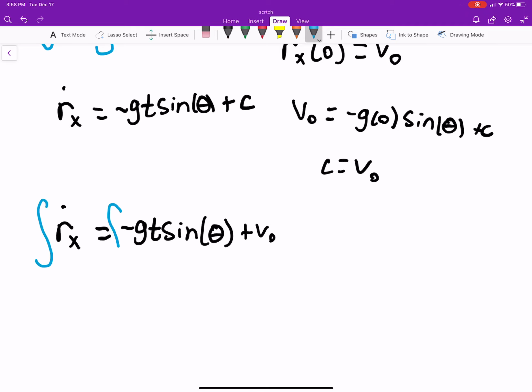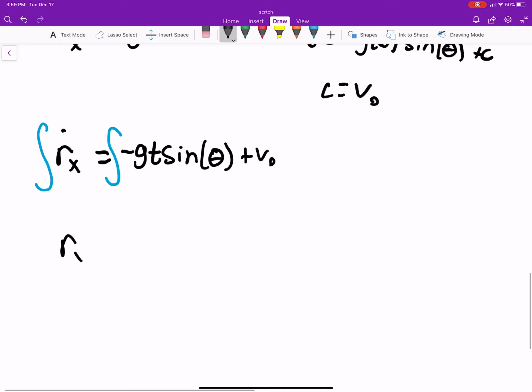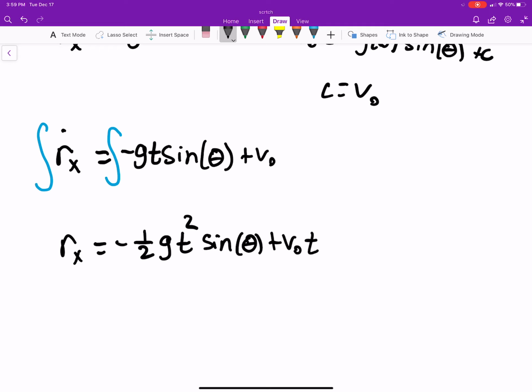And then we just integrate one last time with respect to time. And finally, you get position, r of x, is equal to minus 1/2 g t squared sine of theta plus v naught t plus c. Now our position at time 0 is just 0.